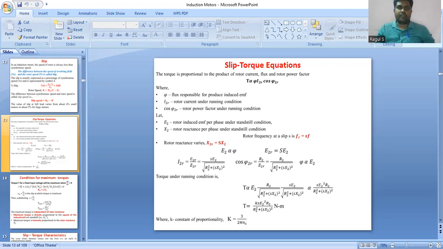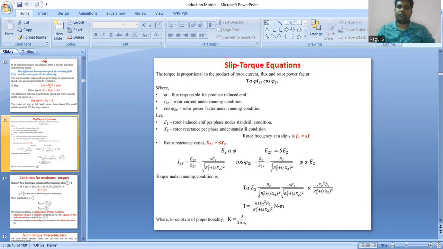Other than that, contact loss also occurs. Here contact resistance exists between the brushes and the slip rings. Its magnitude is very small, so contact resistance is kept minimum.